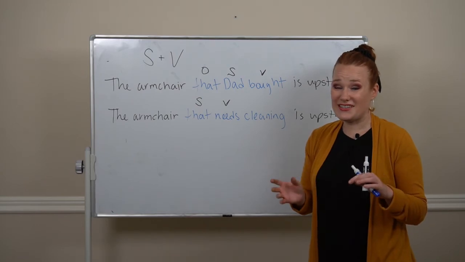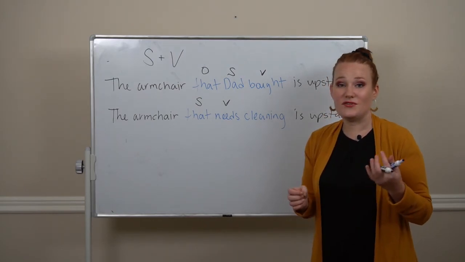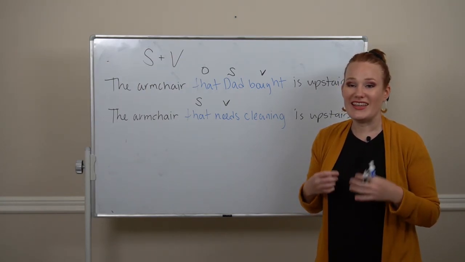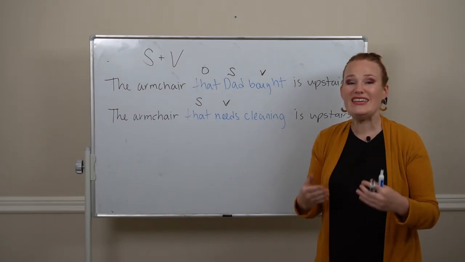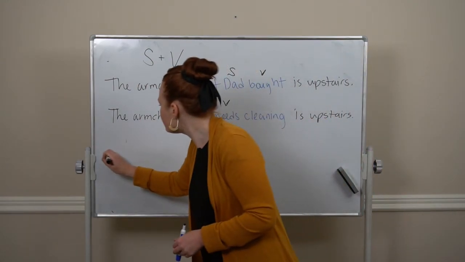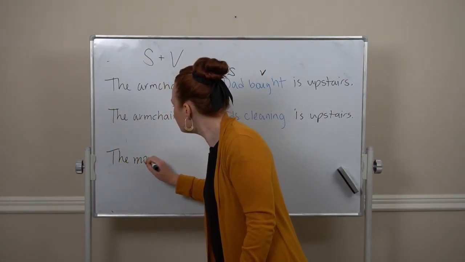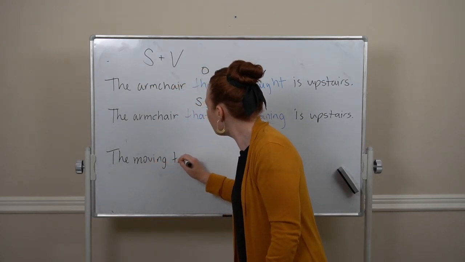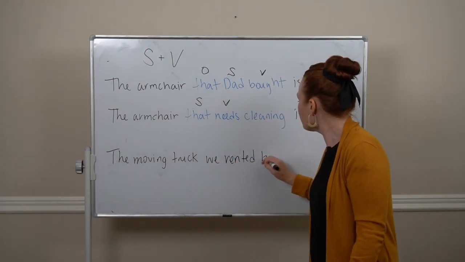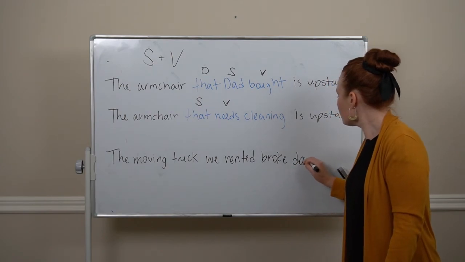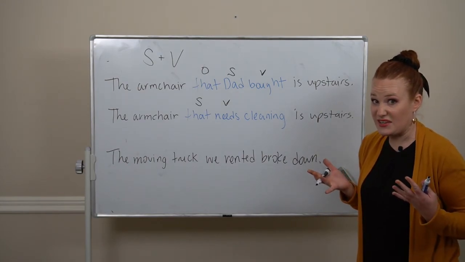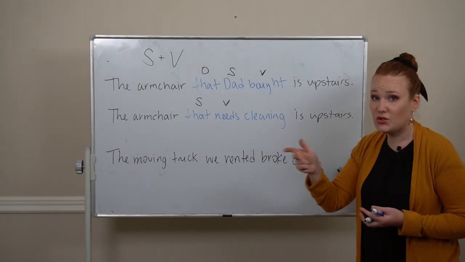Now, this can be more difficult sometimes when you've used the nothing option. You've taken out the relative pronoun. So in that case, we're going to want to look for repeated nouns and verbs. The moving truck we rented broke down. Where's the relative clause? There's no that, which, who, whom.